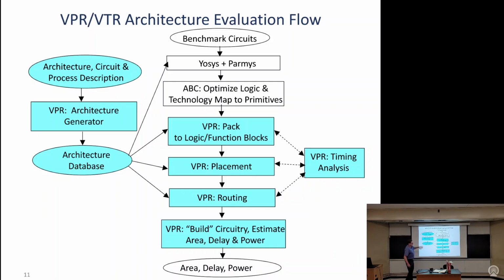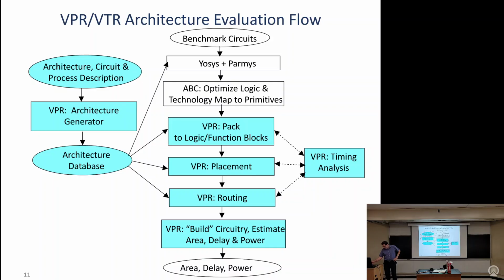So what this architecture generator does is it makes you productive, right? You probably don't want to be generating those gigabyte to 10 gigabyte files by hand for every architecture. So instead you specify, these are the key things I want, automatically build those data structures.